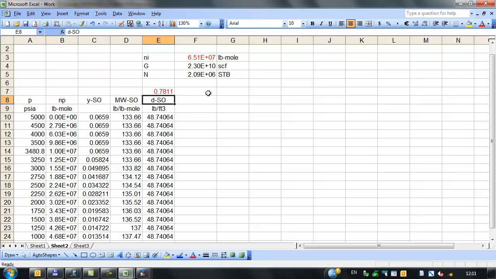So, now we have to calculate this oil produced, gas produced, MP, and the recovery factor of gas, recovery factor of oil. Like that.